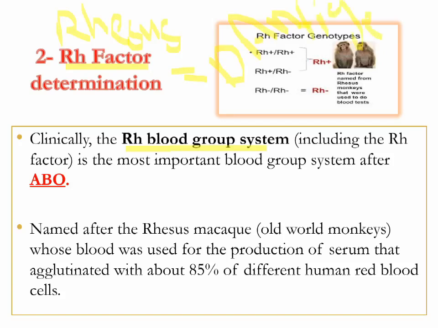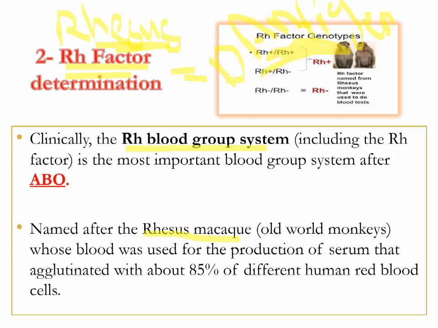So why do they give the D antigen the name of the Rh factor or the rhesus factor? Actually, because they first discovered the D antigen in a species of monkeys called the rhesus monkeys. So they named the D antigen after the species of monkeys in which they first discovered it.